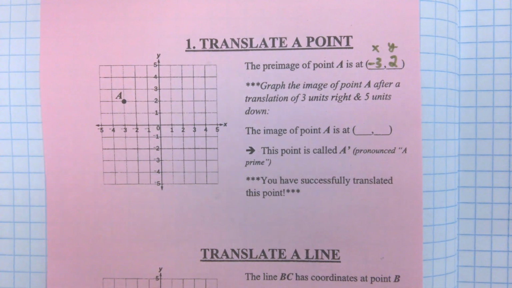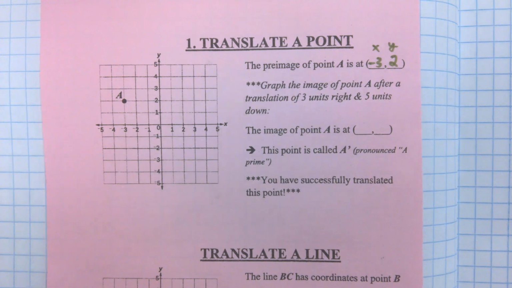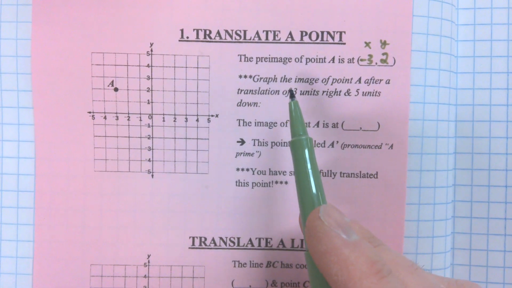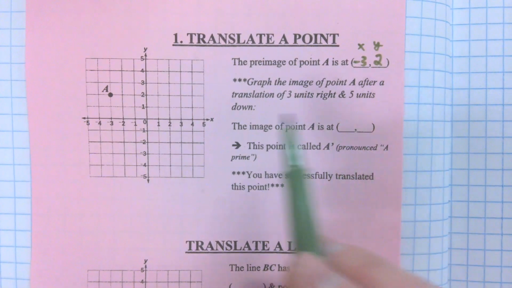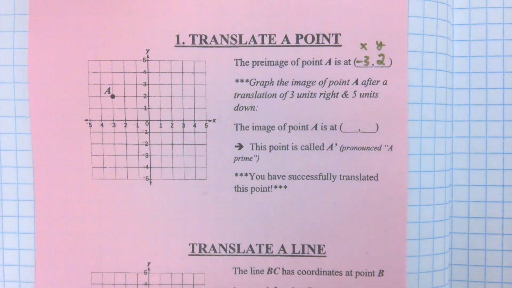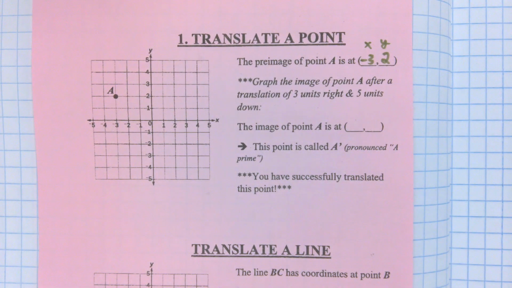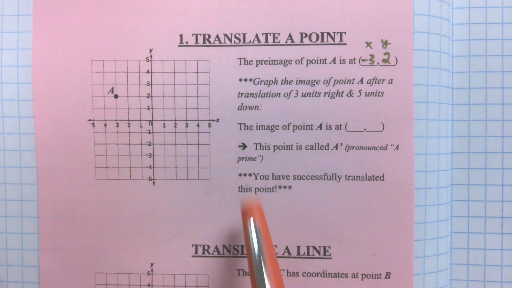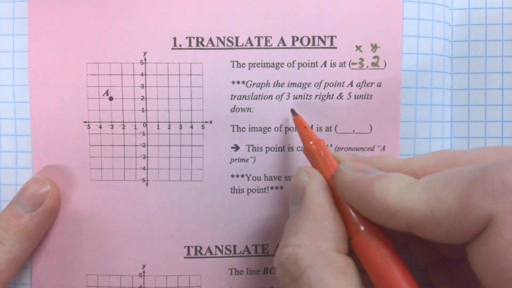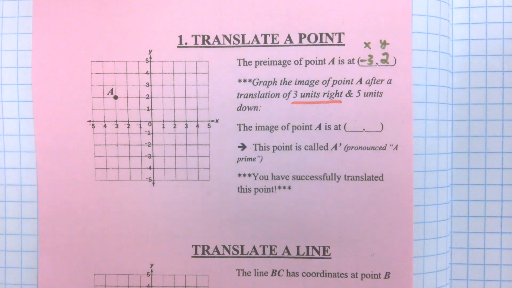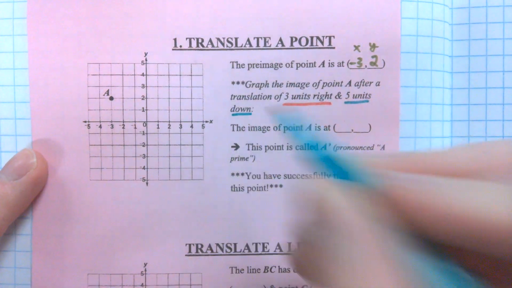Perfect. We know where our starting point is. Darius, face forward real quick. What we're going to do now with this pre-image is graph the image of point A after a translation of 3 units right and 5 units down. So it's kind of like when we did slope, except we're not drawing a line. We're just moving the point. We're going to go 3 units right, and then 5 units down.